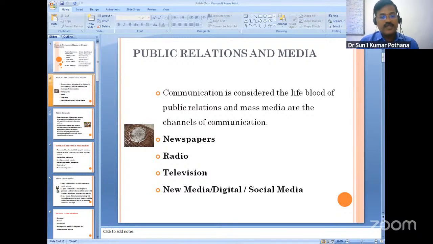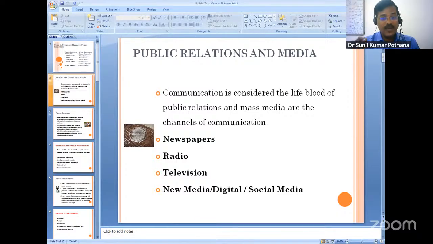We have already discussed newspapers, radio, television, and new media, digital and social media. All these are the channels for sending information, the message, to the public of that organization. For example, when news has to come in the newspapers about a particular organization, the public relations officer's role is involved here.